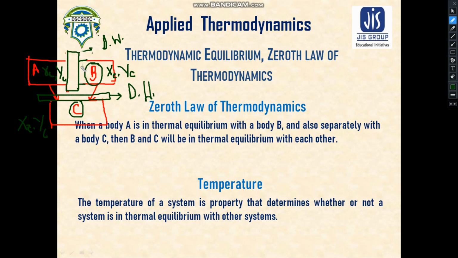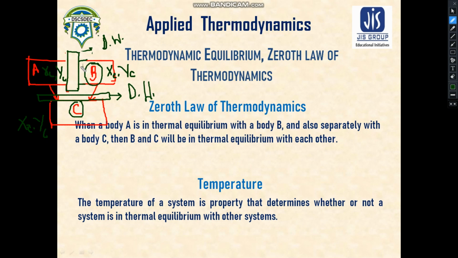Now it is quite easily understandable to you that as both the systems have the same exact properties, they are in thermodynamic equilibrium. They are in thermal equilibrium with each other.